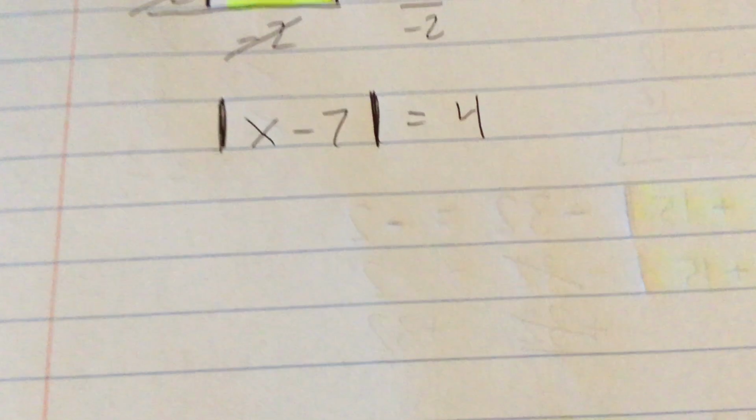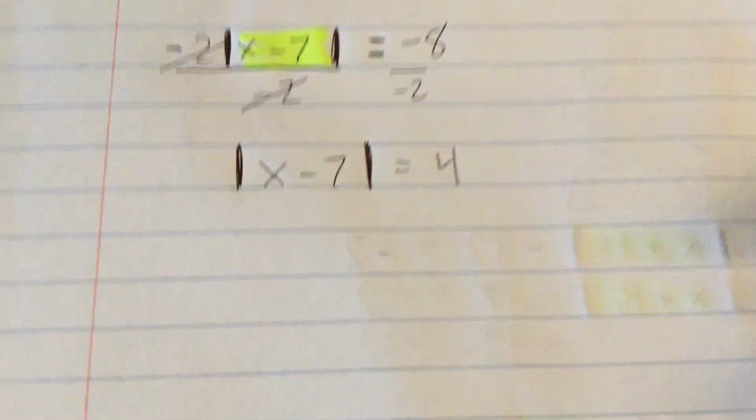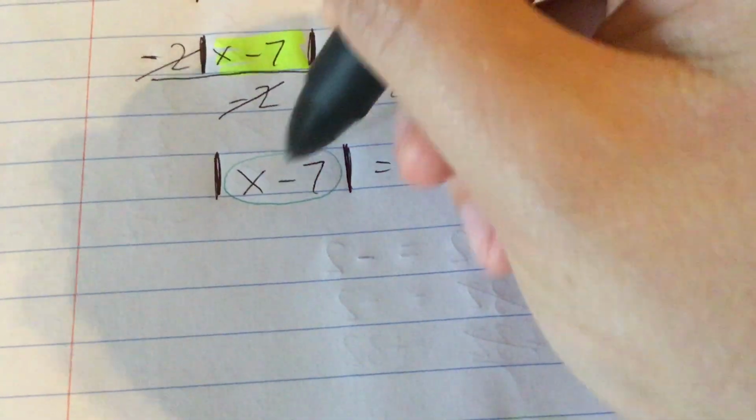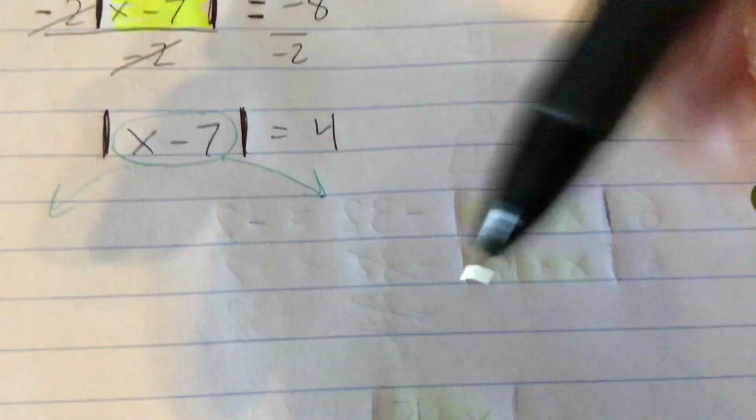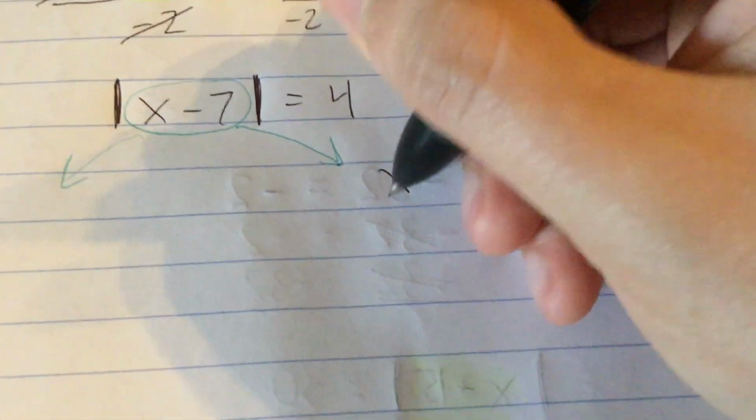Is this problem solvable now? Yes. So now I can split this inner expression into two equations. Either x minus 7 equals 4 or x minus 7 equals negative 4.